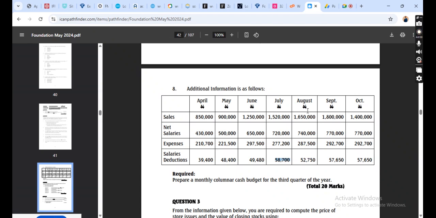In August, what is the preceding month of August? July. So you have 58,700 in August. You move to September. What is the preceding month of September? August. So August will be paid 52,750 in September. That is the interpretation, right?